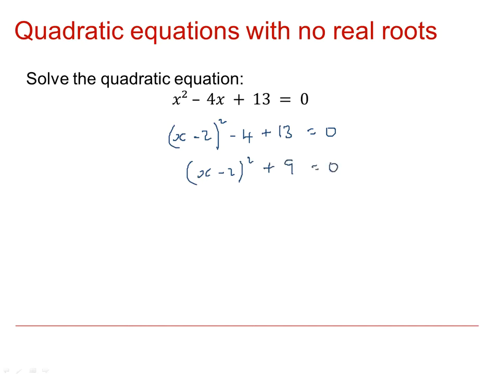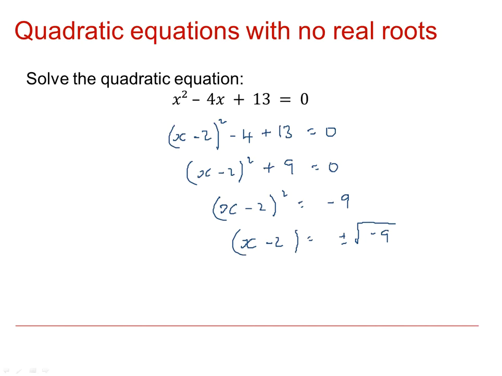This time we need to subtract 9 from both sides, so x minus 2 all squared is equal to negative 9, and we try to take the square root, so that x minus 2 is plus or minus the square root of negative 9. Now we know that the square root of negative 9 is not a real number.